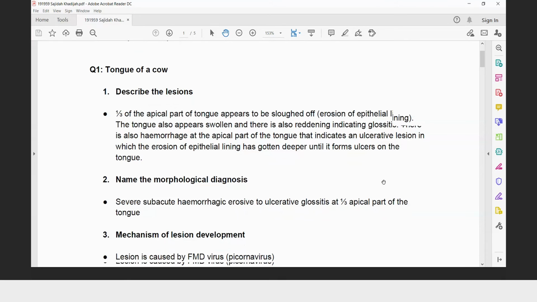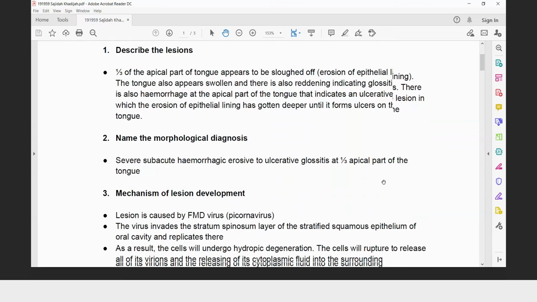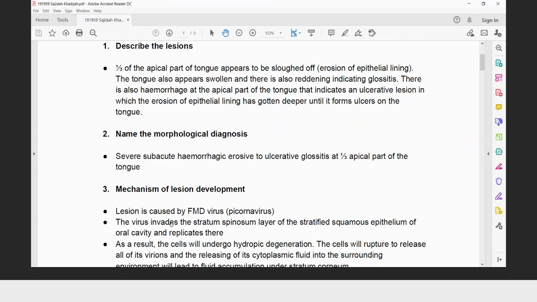Okay, and then when you say morphology, they talk about severity. So you got severe there. They talk about the time of lesion development. Of course, in this case, it is not chronic. Can be acute, but probably subacute, correct? Then they talk about the lesion.